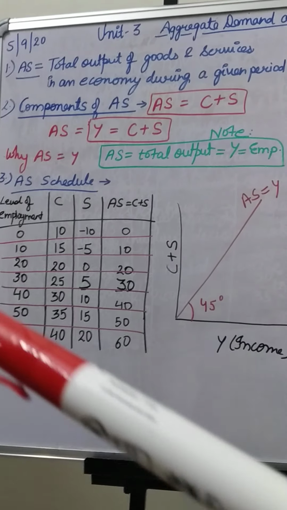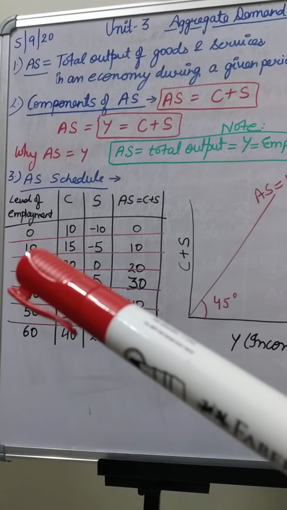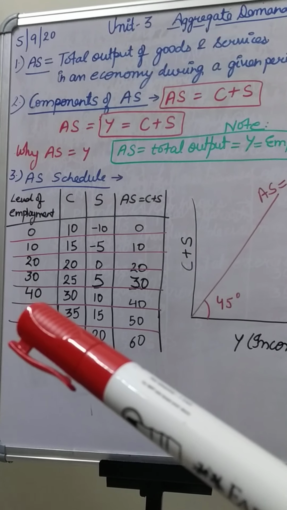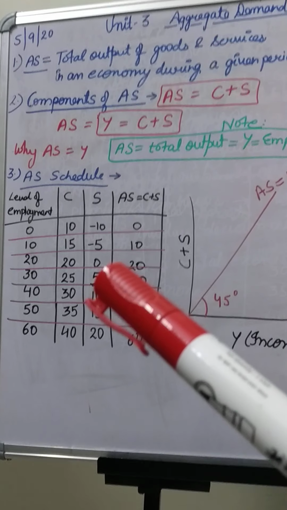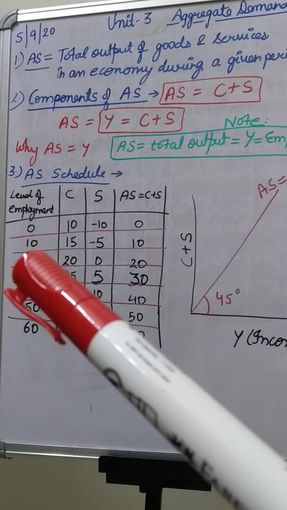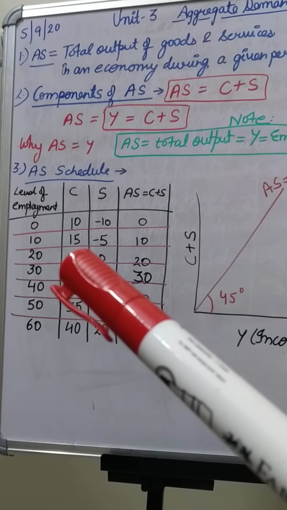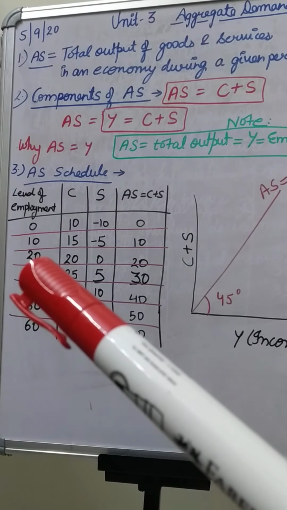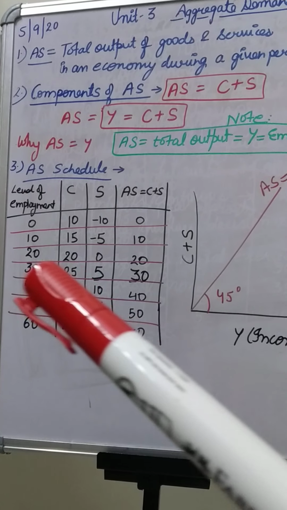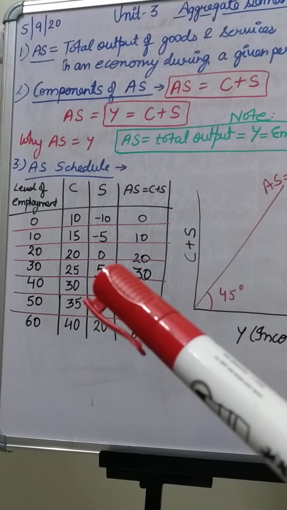After that, you can see the level of income and employment increases, 10 to 20, 20 to 30, 40, 50, 60. So consumption also increases. When income is 10, consumption is 15, so obviously here also there is dis-saving of minus 5. When income and consumption are equal to each other, saving is 0.